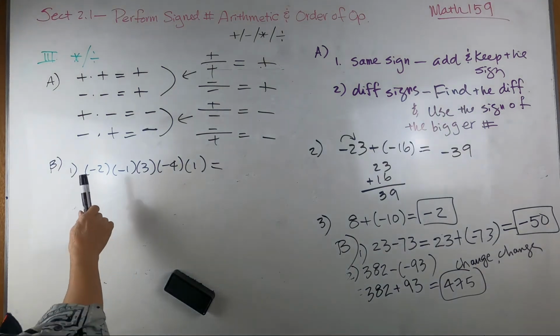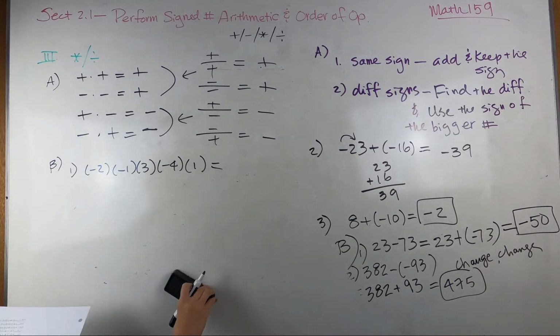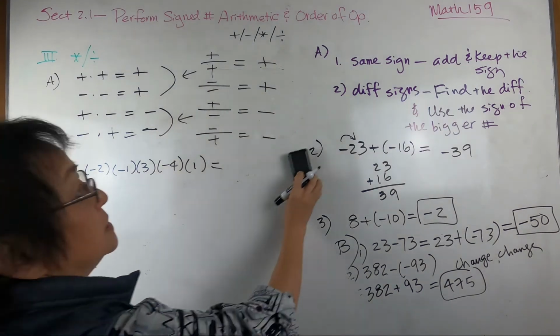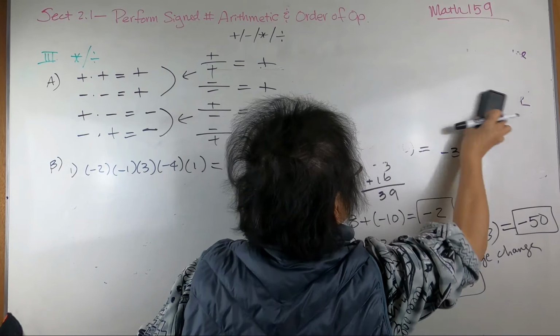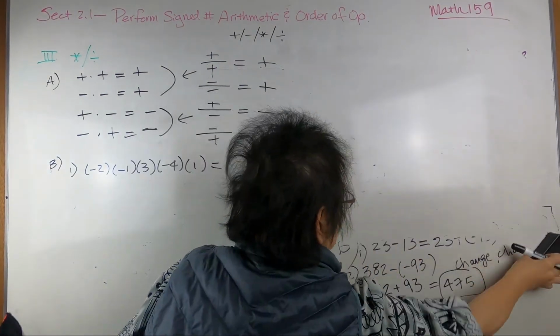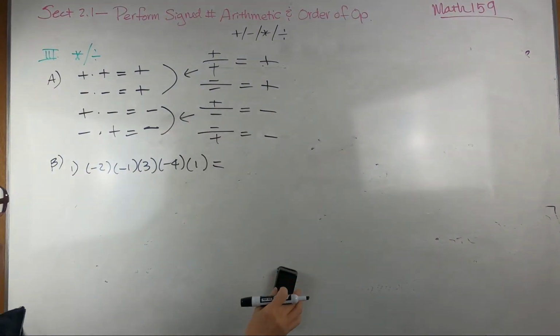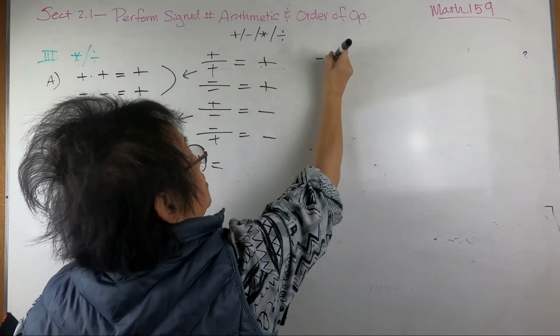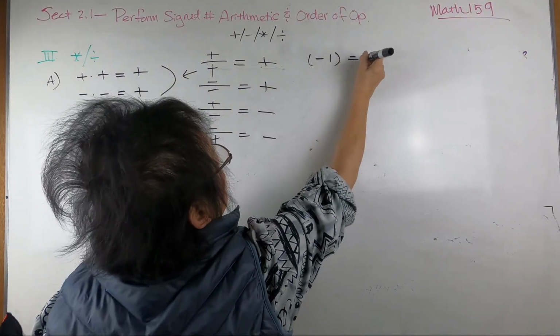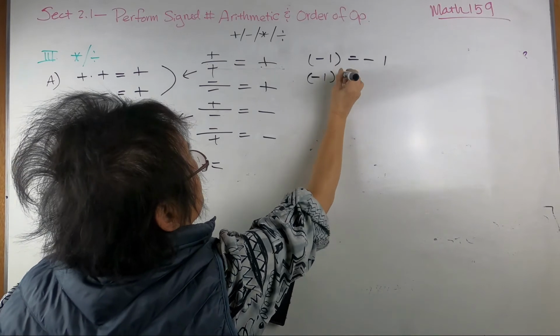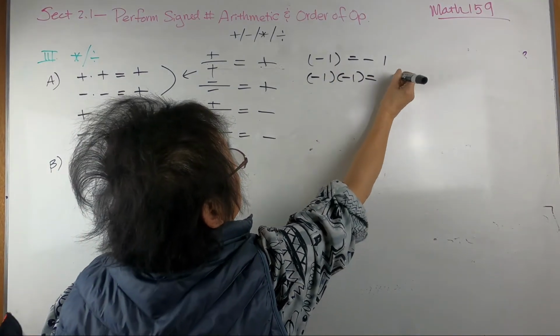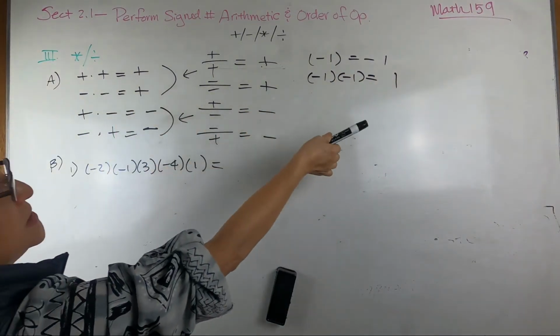So if negative times negative, let's take a look at a simple one first. If -1, it's a -1, right? -1 times twice becomes what? Negative times negative is +1.